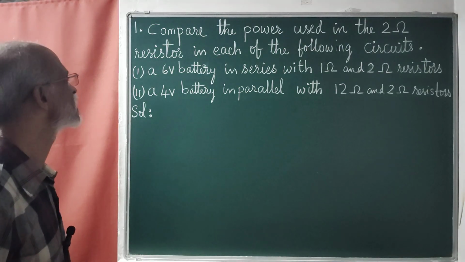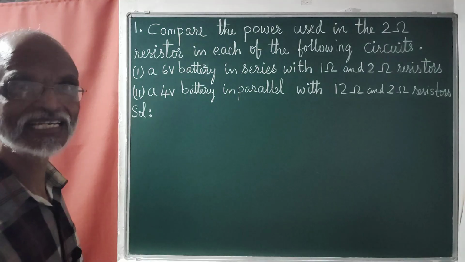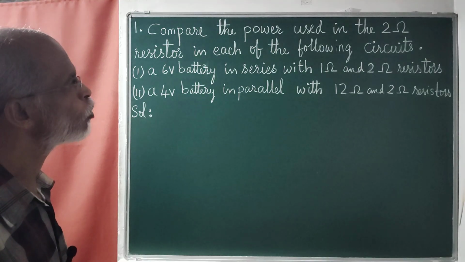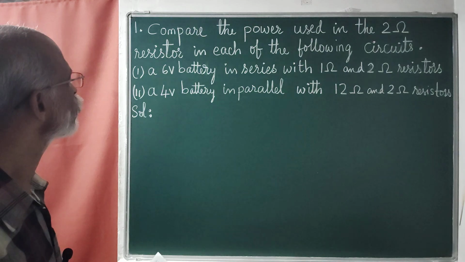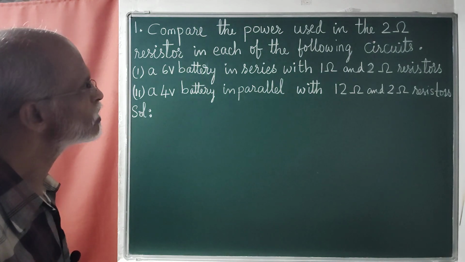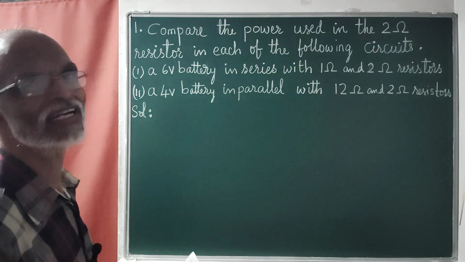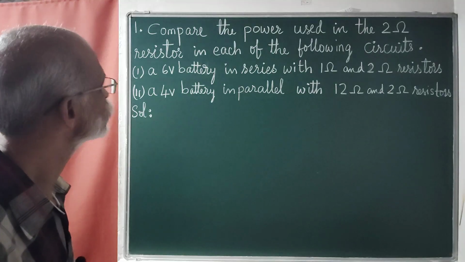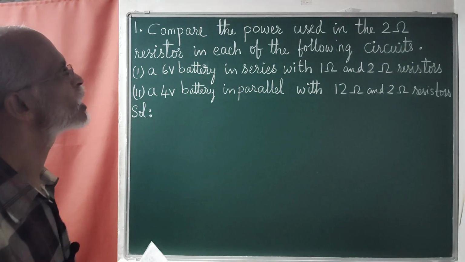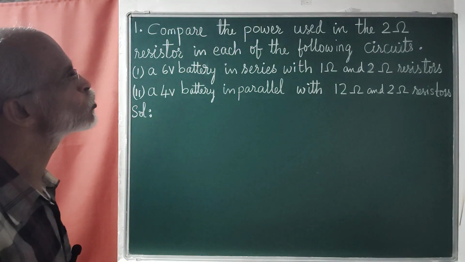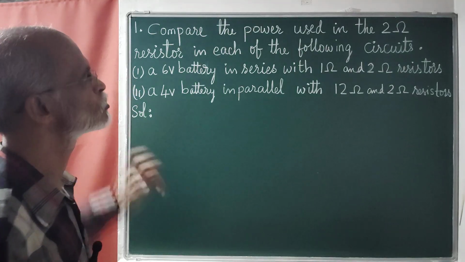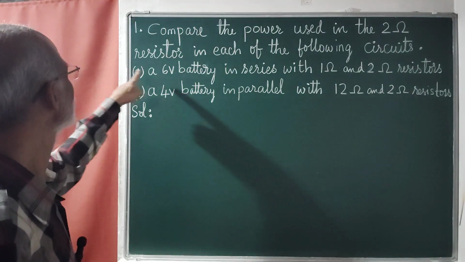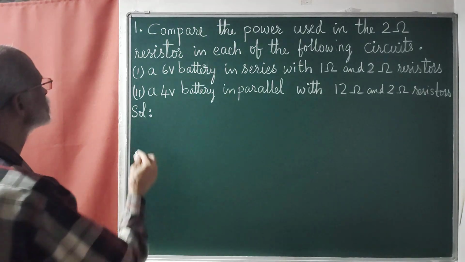First one, a 6 volt battery in series with 1 ohm and 2 ohm resistors. Second one, a 4 volt battery in parallel with 12 ohm and 2 ohm resistors. So there are two circuits and we have to find out the power used in the 2 ohm resistor in each of the circuits. First we'll try to find it in the first circuit.